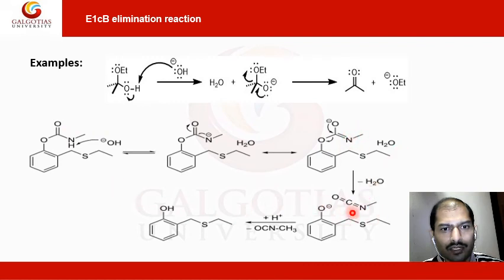So this negative charge is coming over here and this group is leaving from this side. After protonation, this will be making a phenol, so a substituted phenol will be formed. There are many more applications of such kind of reaction that can be seen with the help of many more reactions which proceed this way.